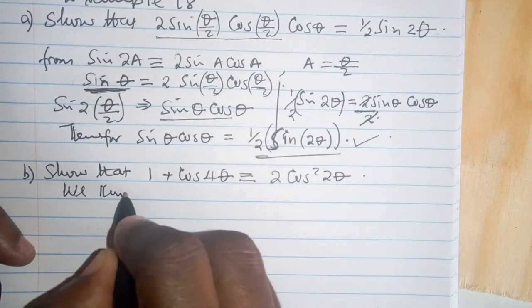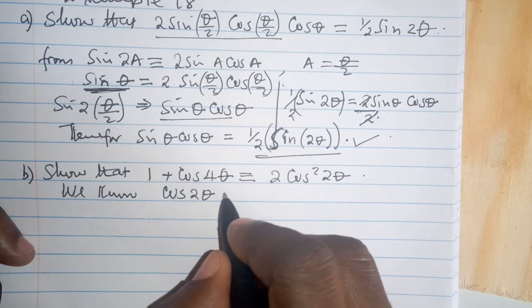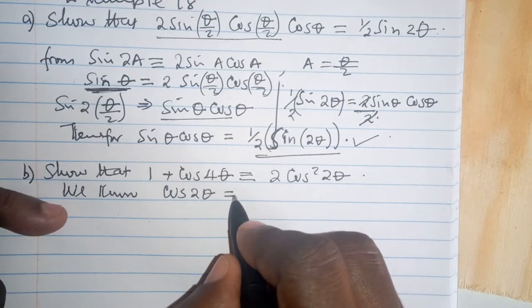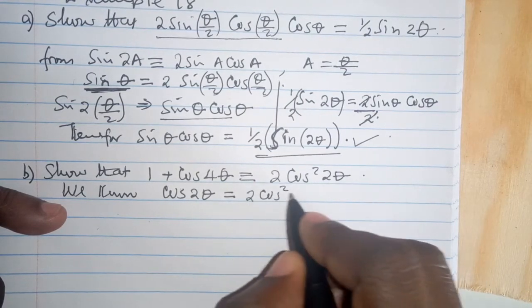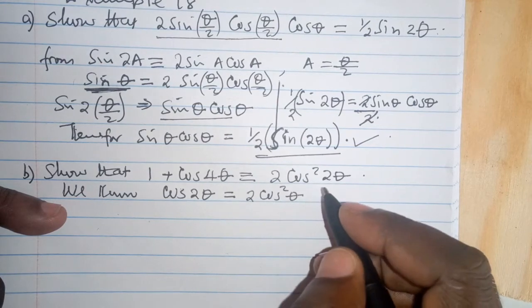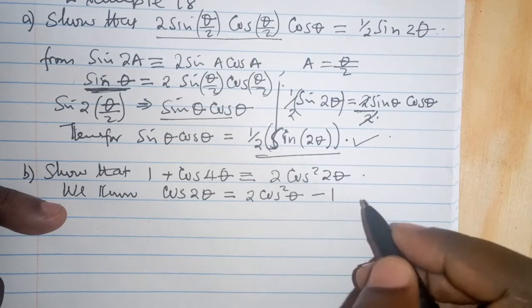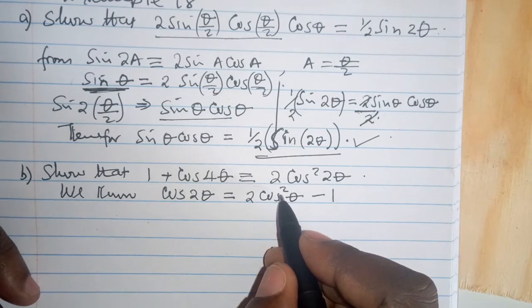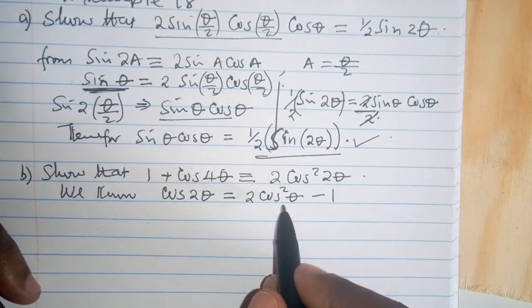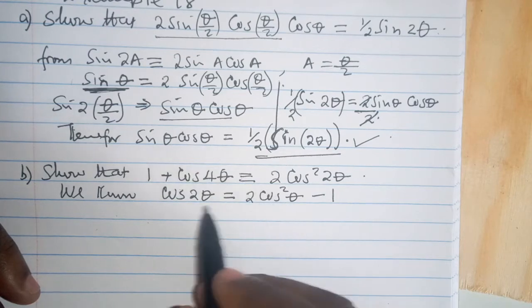We know that cosine 2 theta, the way we know it, can be expressed as 2 cosine squared theta minus 1. But you can see our theta now is not just theta, it's something else.